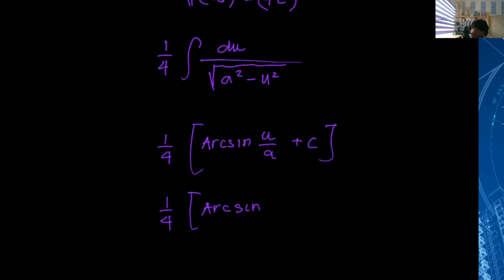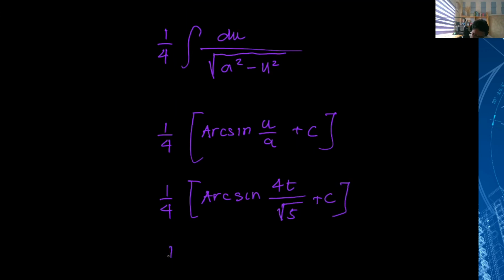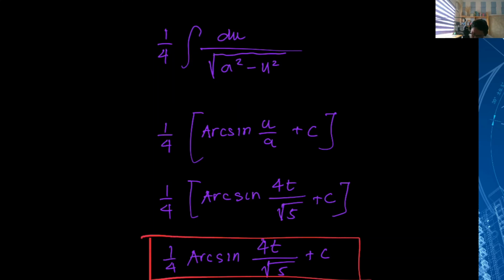So 4t over the square root of 5 plus c. So therefore, 1/4 arc sine of 4t over the square root of 5 plus c, and this is now our final answer.